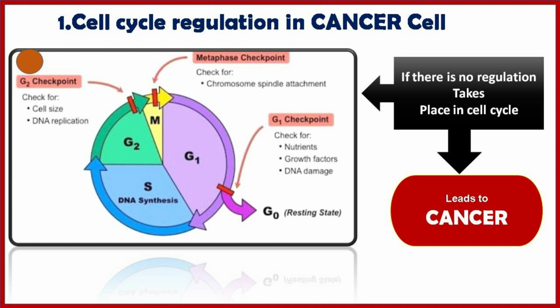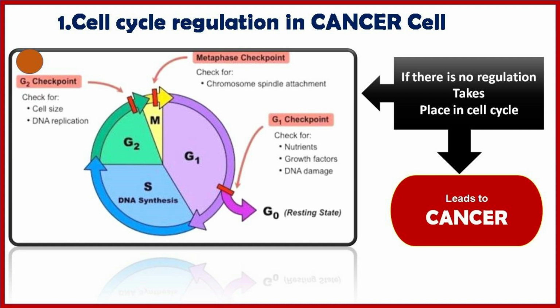These chemicals in food colorants damage the checkpoints of the cell cycle. Due to damage of the checkpoints, there is no regulation of the cell cycle, abnormal cell formation is more, and these abnormal cells lead to cancer.